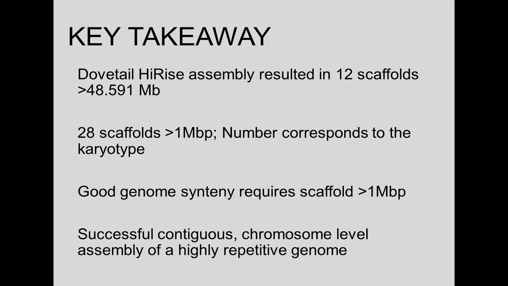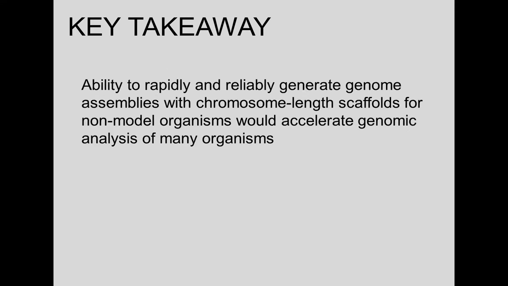So successful contiguous chromosome level assembly of a highly repetitive genome was possible because of this technique. The major key takeaway from here is that because we now have this ability to rapidly and reliably generate genome assemblies with chromosome length scaffolds for non-model organisms, this would accelerate genome analysis of many organisms, and that includes other tick species as well, not only Ixodes.